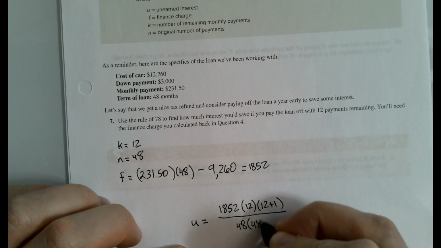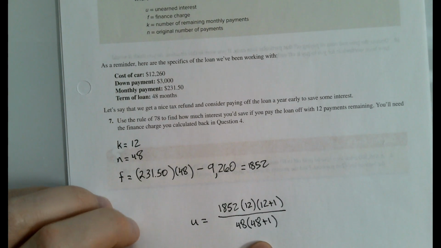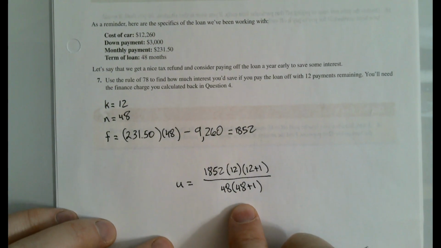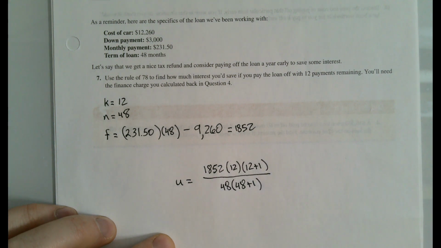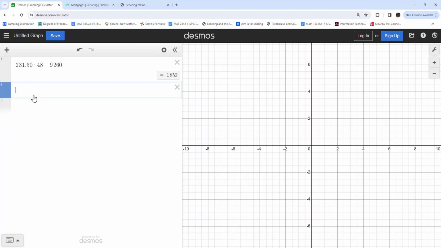Notice that I'm writing it in exactly as it is in the formula, but these are pretty simple addition problems. 12 plus 1 is 13. 48 plus 1 is 49. You could write those out if you wanted to, or you could do it exactly how I'm doing it and just type the formula in exactly as you see it, which is what I'm doing here in Desmos.